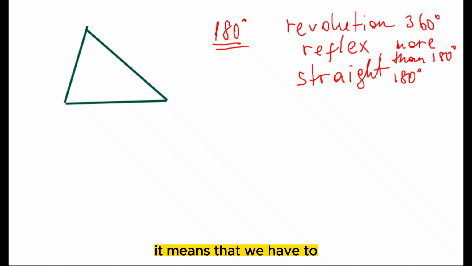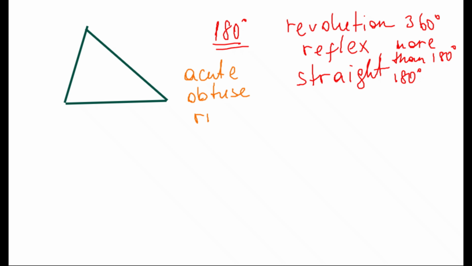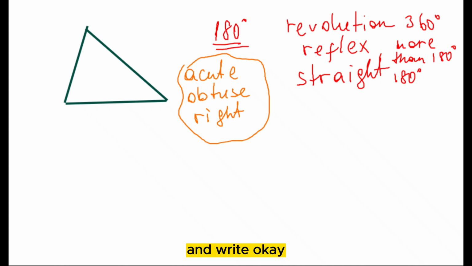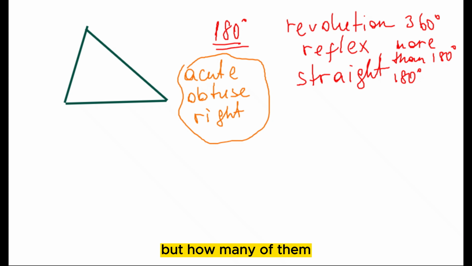Okay, it means that we have to search among another three types like acute, obtuse, and right. Okay, these three types of angles a triangle can have, but how many of them? Which types exactly? Let us see.